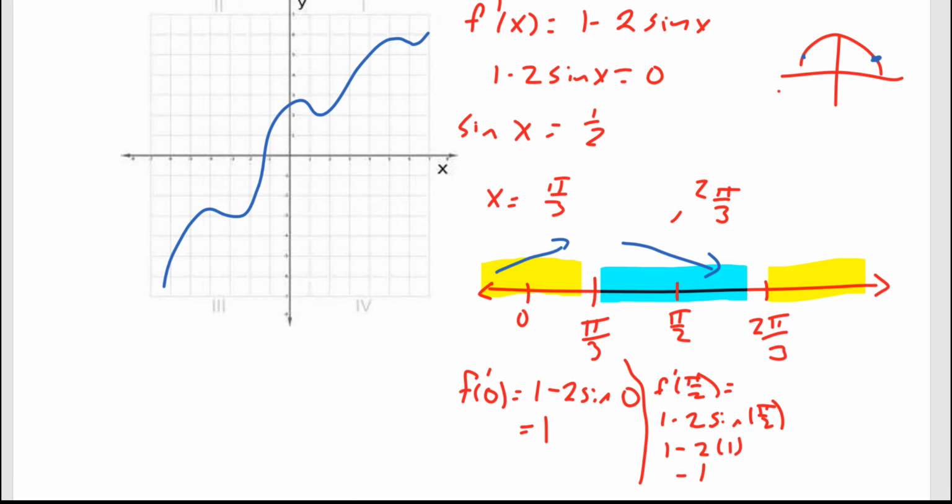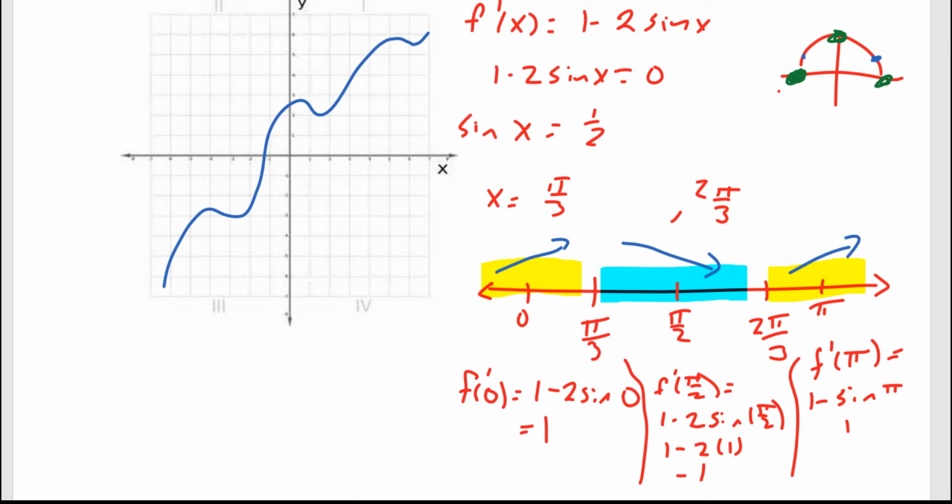And now I want to pick something bigger than 2 pi over 3, so I'm just going to test pi, because that would get me over here. So far I've used 0, pi over 2, and pi, and I'm just picking things that are easy to evaluate. So f prime of pi is 1 minus 2 sine of pi. Well, that's 0 again, so we're back to having 1.